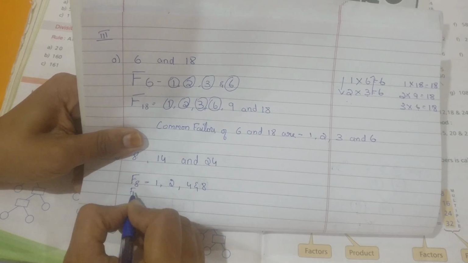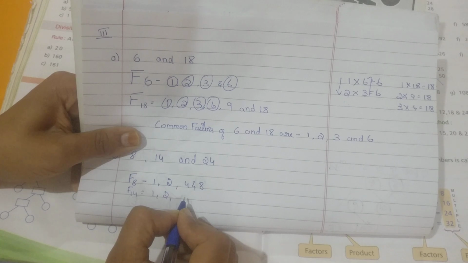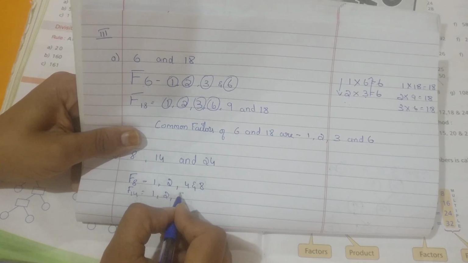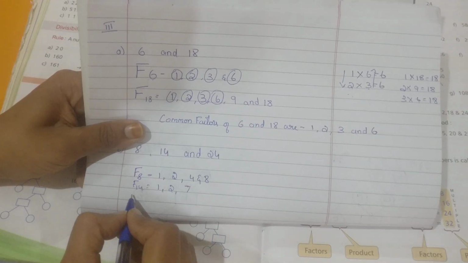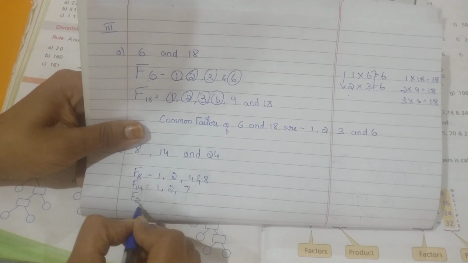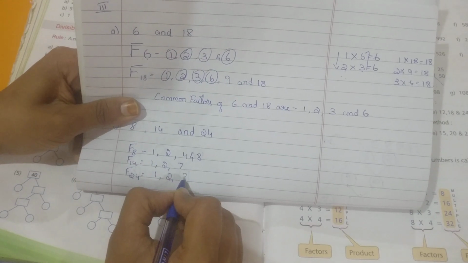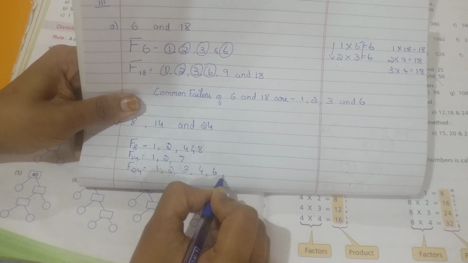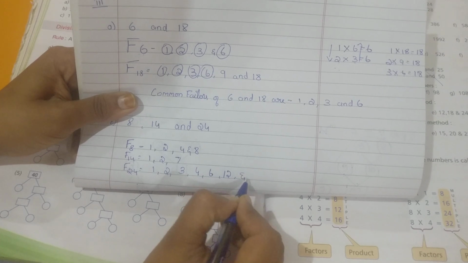Next, factors of 14 are 1, 2, 7, that's it, and 14. Next, factors of 24: 1, 2, 3, 4, 6, 12 and 24.